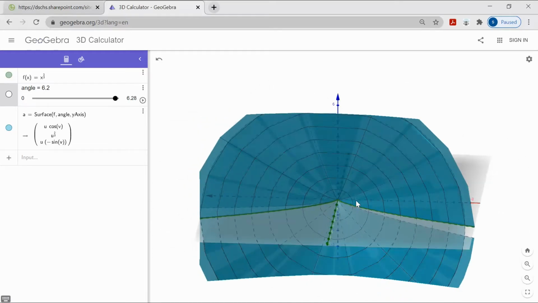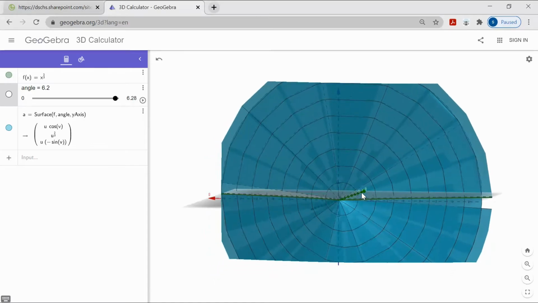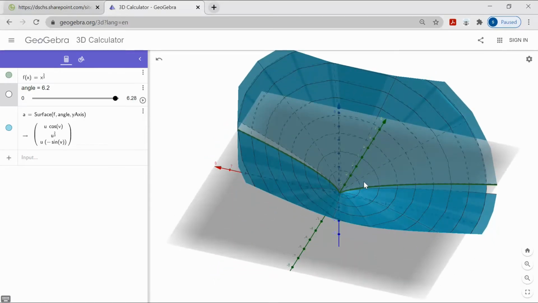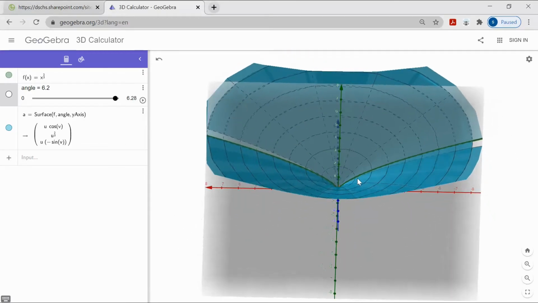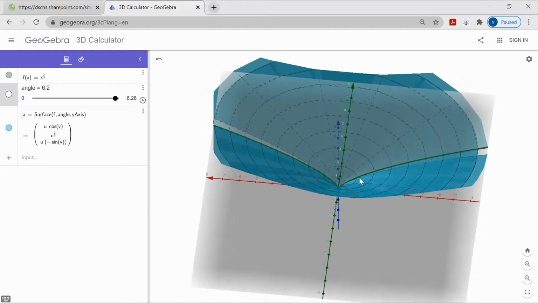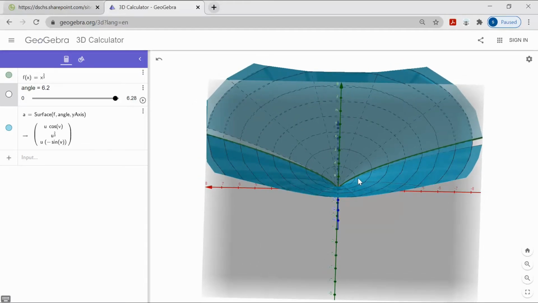So this is the volume from different angles as I move it. We want to find the volume of this. All right, let's go back to our example.